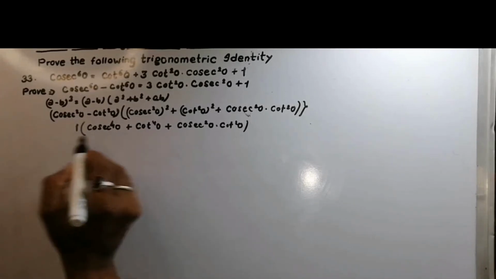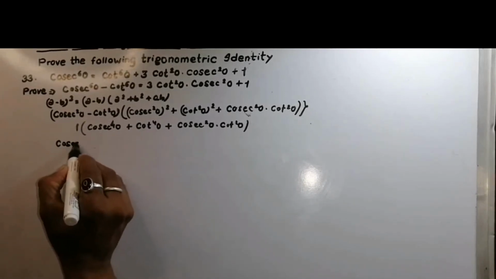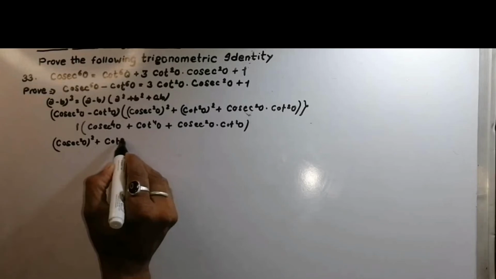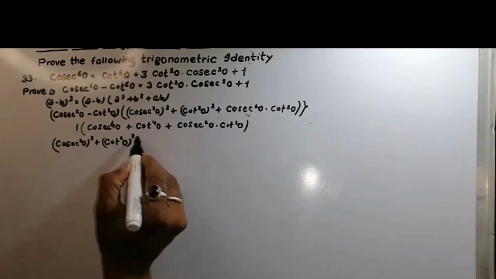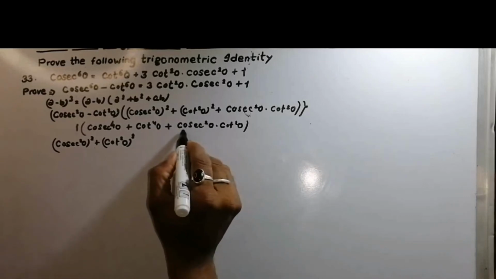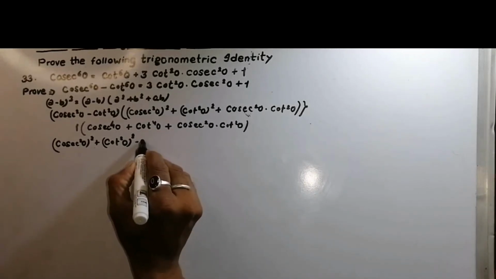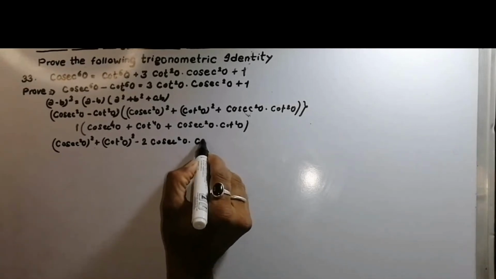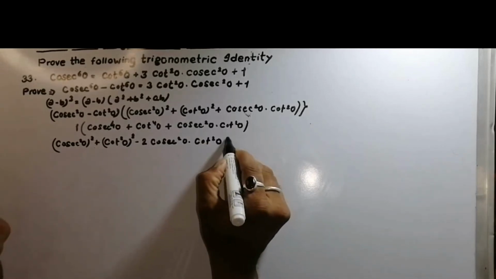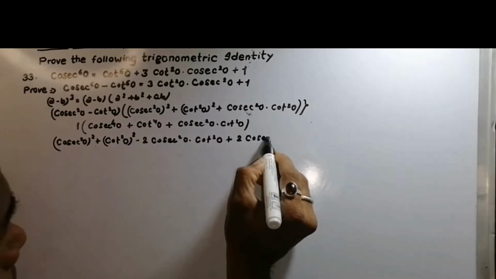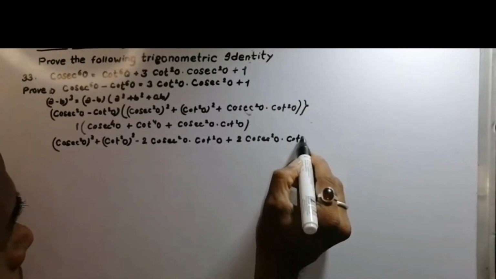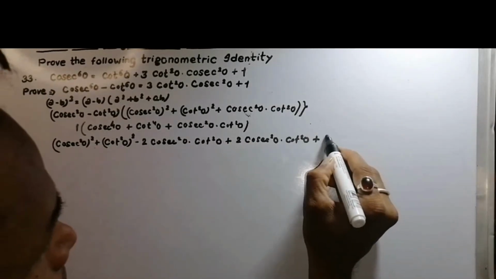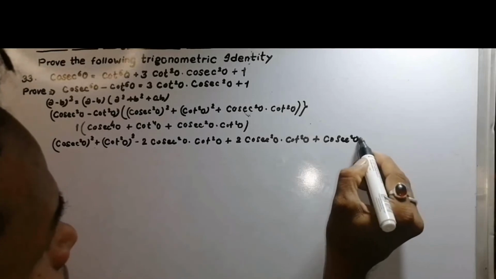So in this equation, we can write cosec square theta again plus cot square theta. If we add and subtract minus 2 cosec square theta into cot square theta, and one time write this 2 also cosec square theta into cot square theta.